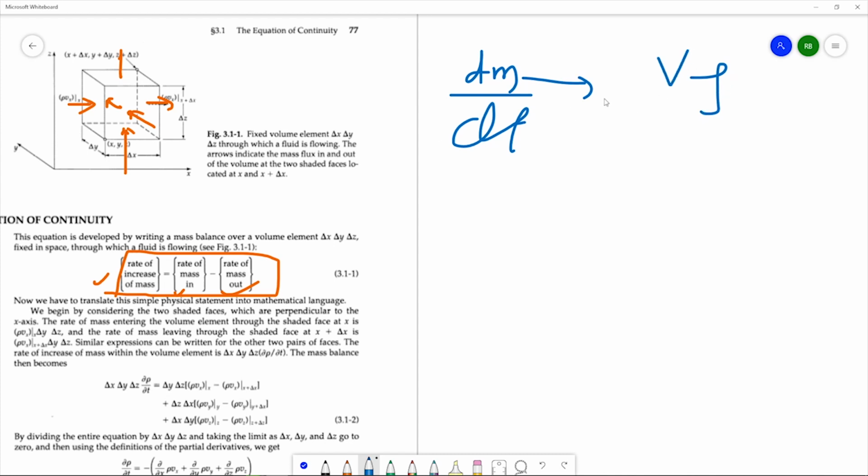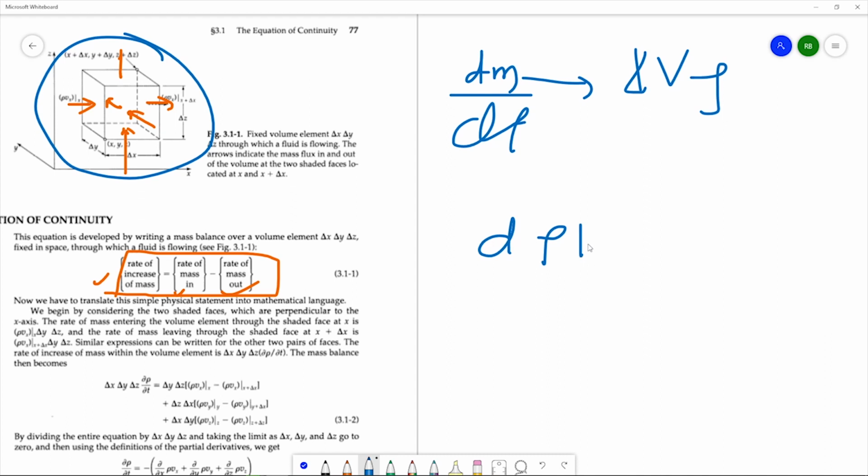So what is the volume of this small element we have taken here? You already know, delta x, delta y, delta z, because we are using rectangular coordinates. So instead of m we are going to write rho V by dt.